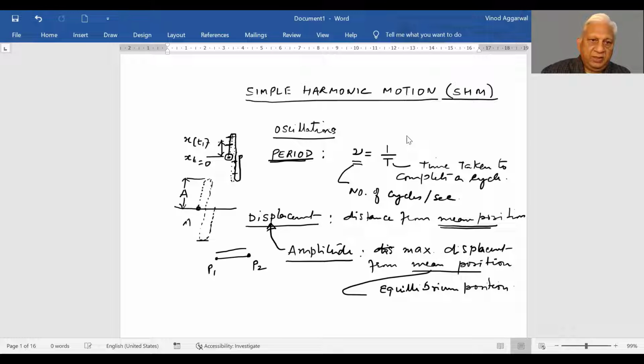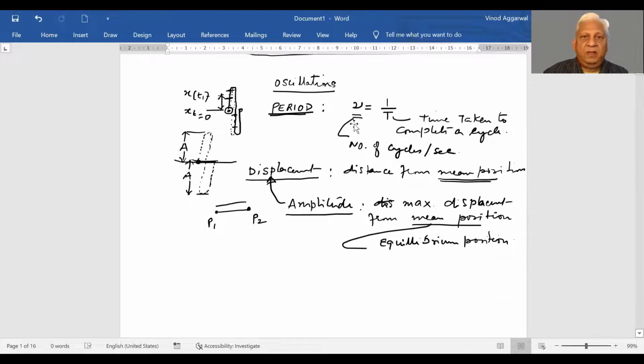So you can take amplitude as this one, or this one, both will be same because it is symmetric towards equilibrium position. Okay. Now, this is as far as an oscillatory motion is concerned.